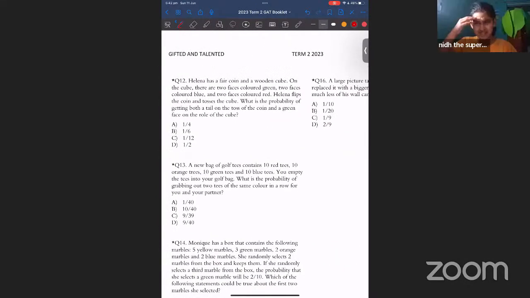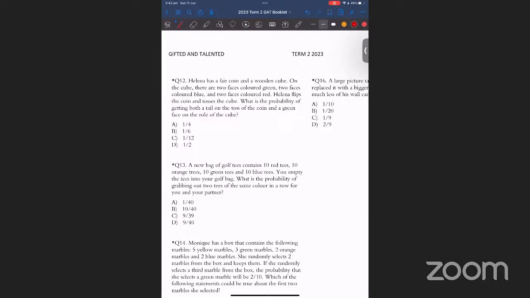All right. Back to the more fun questions. We have probability stuff. Okay. So let's go through some of these questions. First one, we have Helena has a fair coin and a wooden cube. On the cube, there are 2 faces colored green, 2 blue, 2 red.